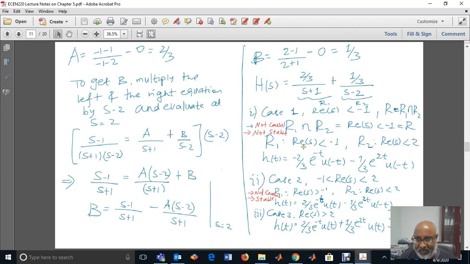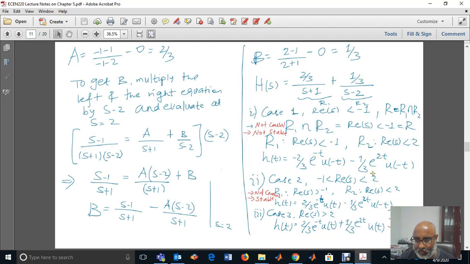So R1 is real of s less than minus 1, R2 is real of s less than 2. In this case, the first one is a left-sided signal and the second one is left-sided. So we use the rule of left-sided signal. The inverse of this will be minus 2 over 3 e to the power of minus t u of minus t, a left-sided signal.